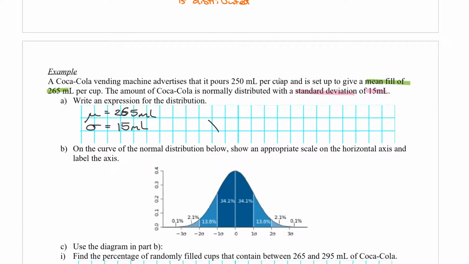So the random variable x here is distributed normally, and in this case our mean, or mu, is 265. And our standard deviation is 15. Alright, that's question 1 done. Right now it doesn't look very helpful, but it will be helpful.